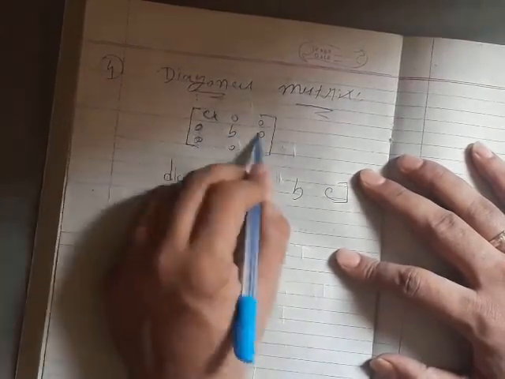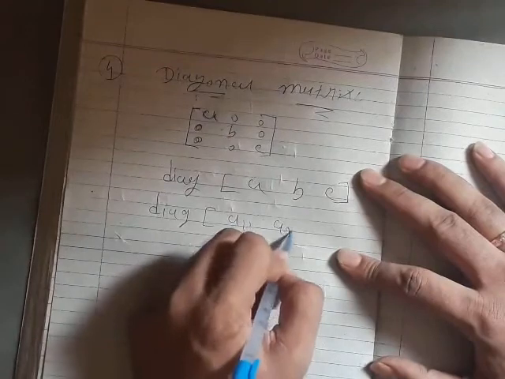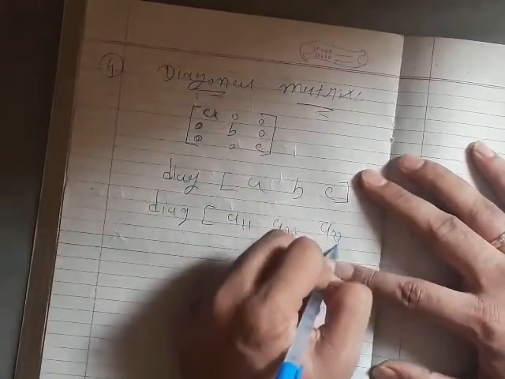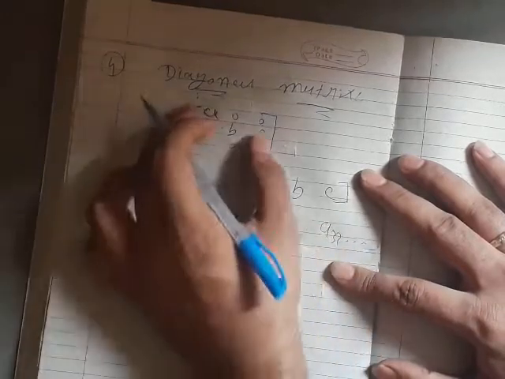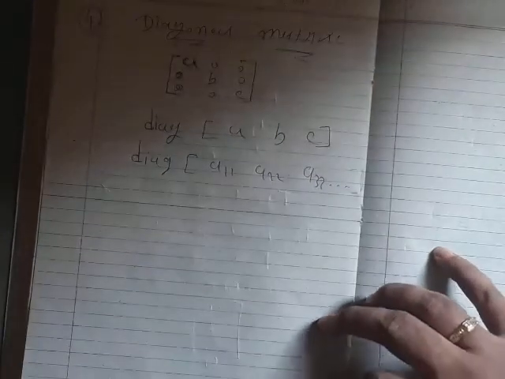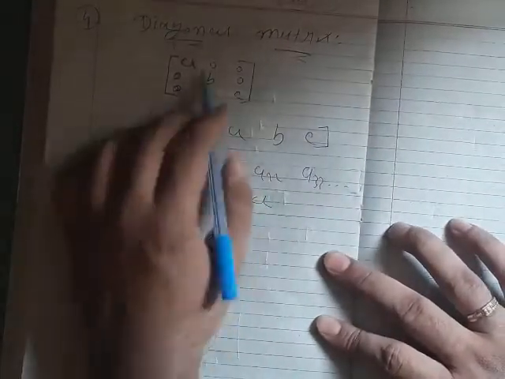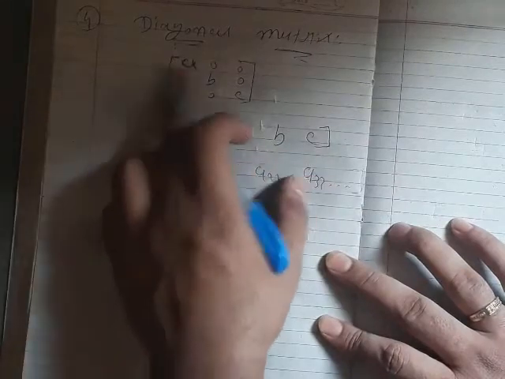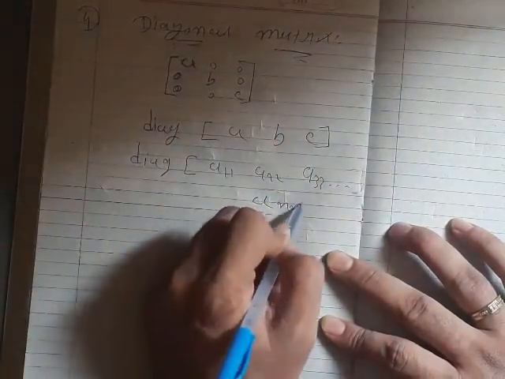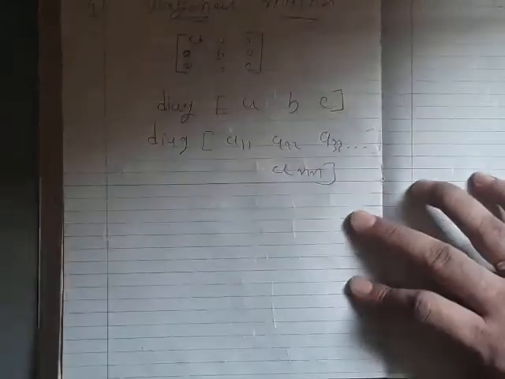This is second row second column, so A22. This is third row third column, so A33, and so on and so forth. It may be 4 by 4 or 5 by 5 or 6 by 6. And if this has n rows and n columns, the end will be the Ann element.